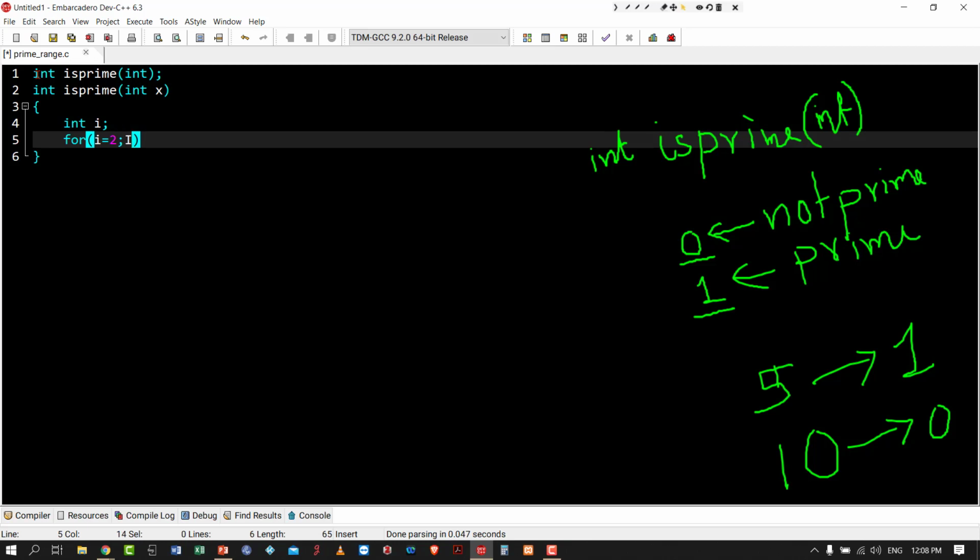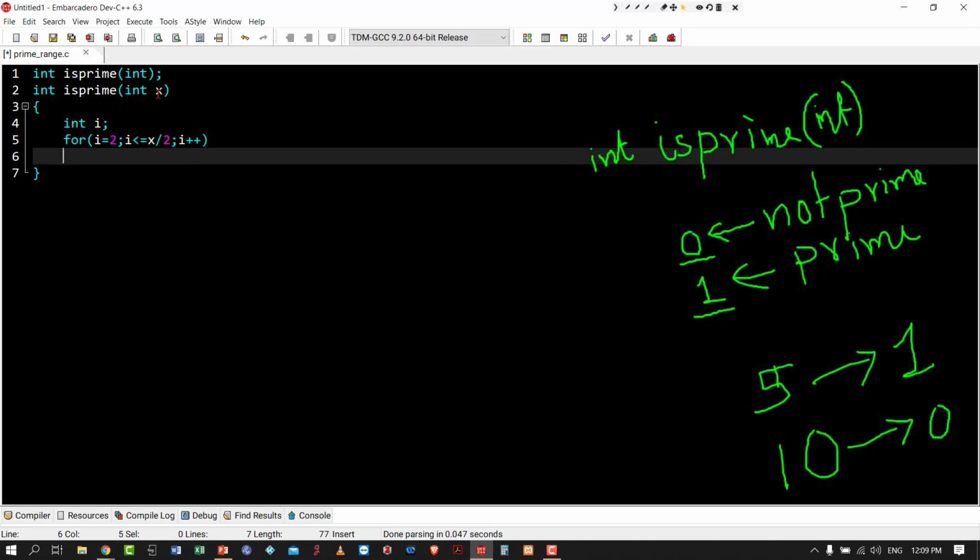Then i less than or equal to n by 2. There we have used n by 2. Here what do I have to use? There the input is n. Here the input is x. So x by 2. Okay, very good. Then i plus plus. There I used a flag variable.